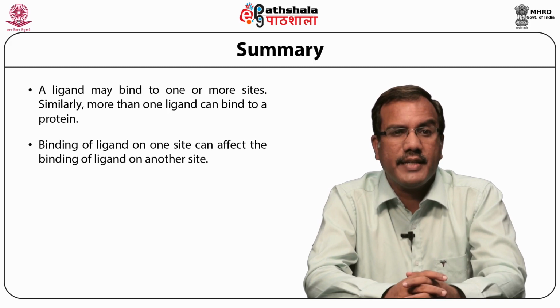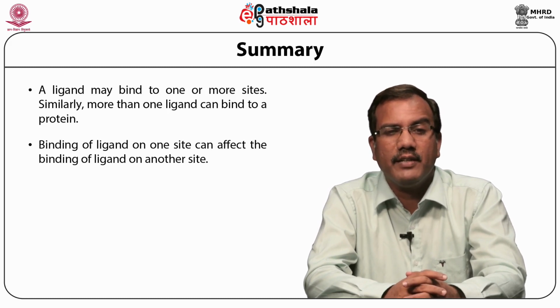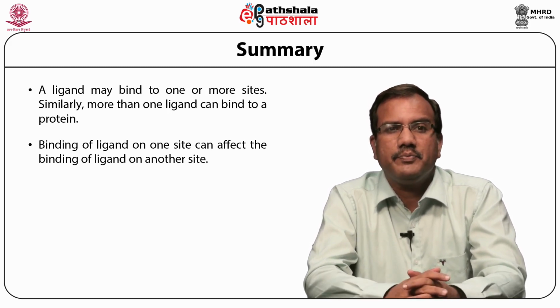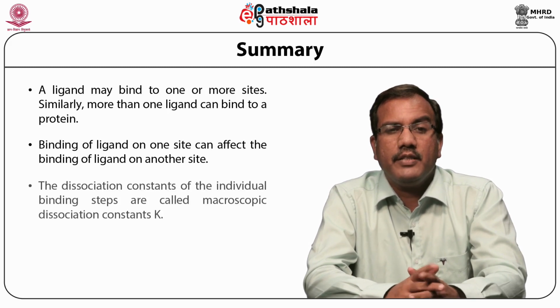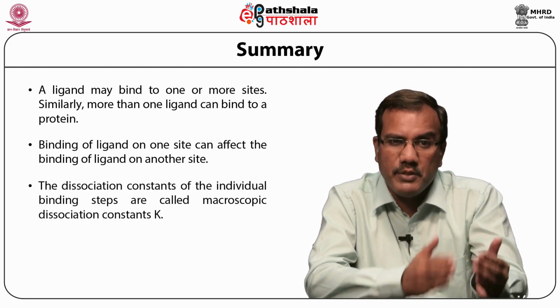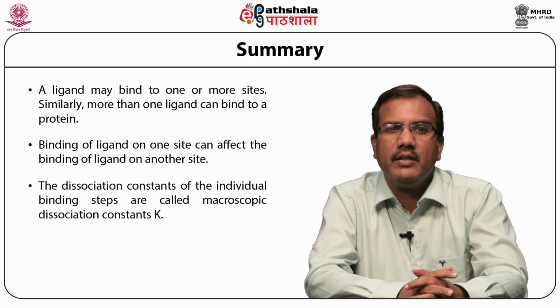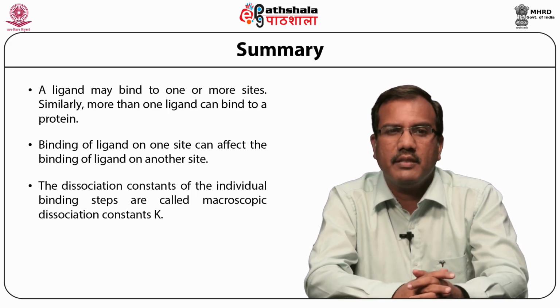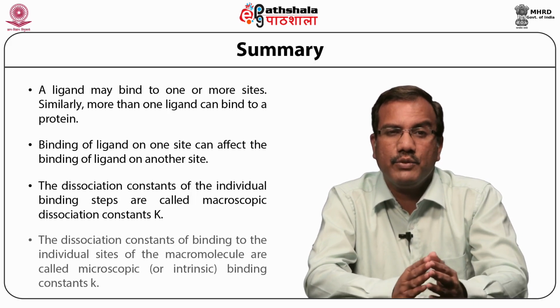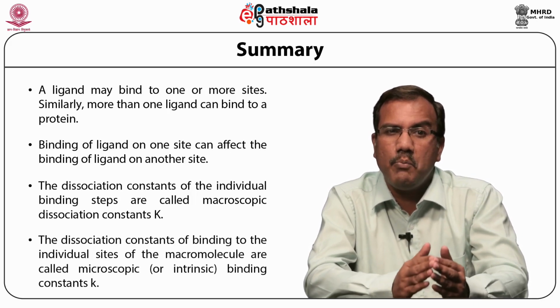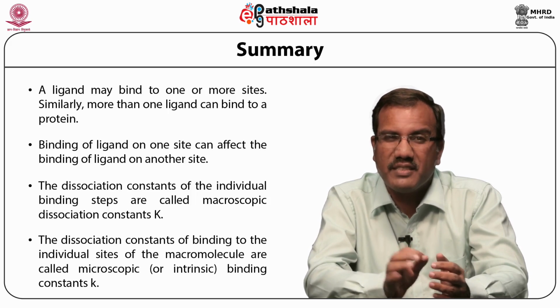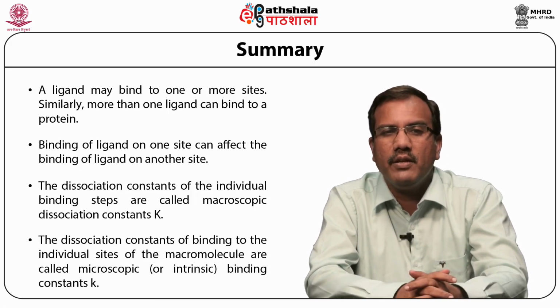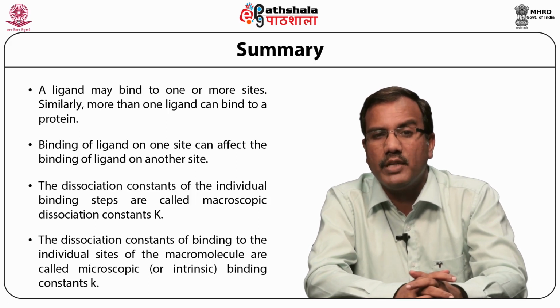Binding at one site can affect the binding of ligand at the other site. The dissociation constants of the individual binding steps are called macroscopic dissociation constants, whereas the dissociation constants of binding to individual sites of the macromolecule are called microscopic dissociation constants, small k.